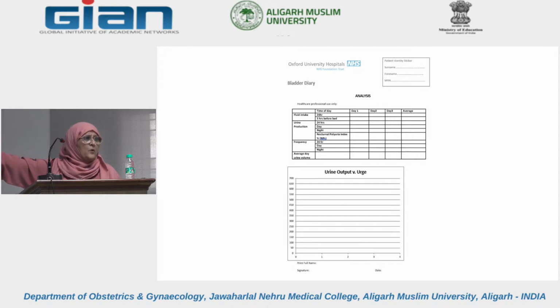Was it a very small volume or a big volume that she passed during the urge? So the urine output during the urge is mentioned, and all these things are then analyzed to find out the reason, whether she is really having increased frequency or not.